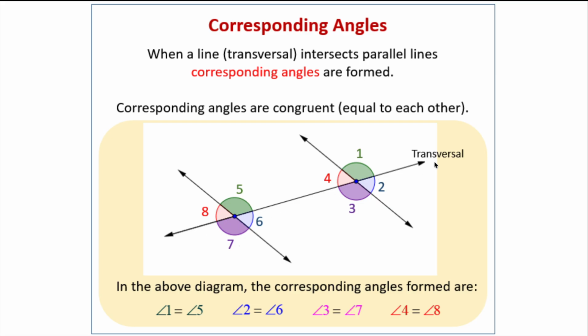It's like the same thing separated. So 1 and 5 are equal, 4 and 8 are equal, 3 and 7 are equal, 6 and 2 are equal. So the same angle on the same section of the parallel line using the transversal line as a reference point are always congruent. That's a really cool thing.